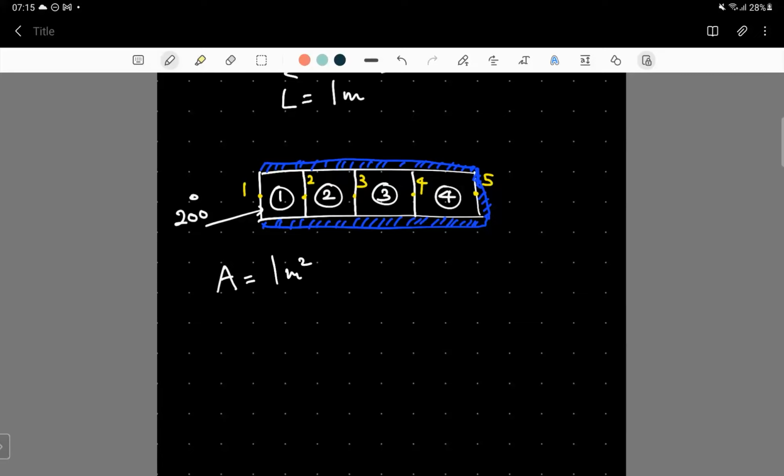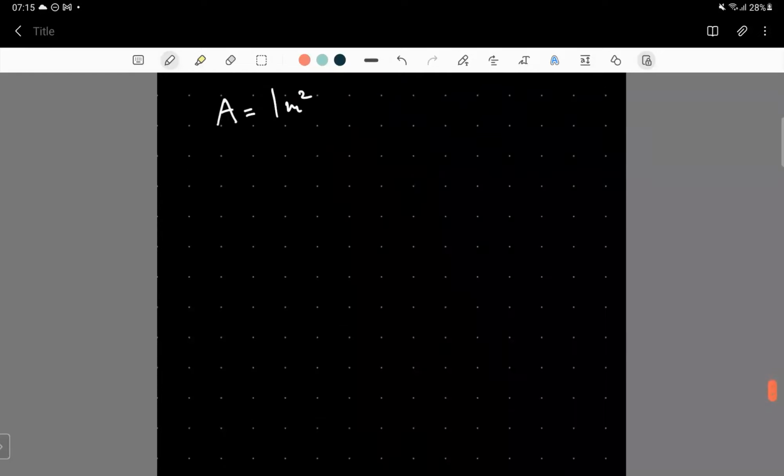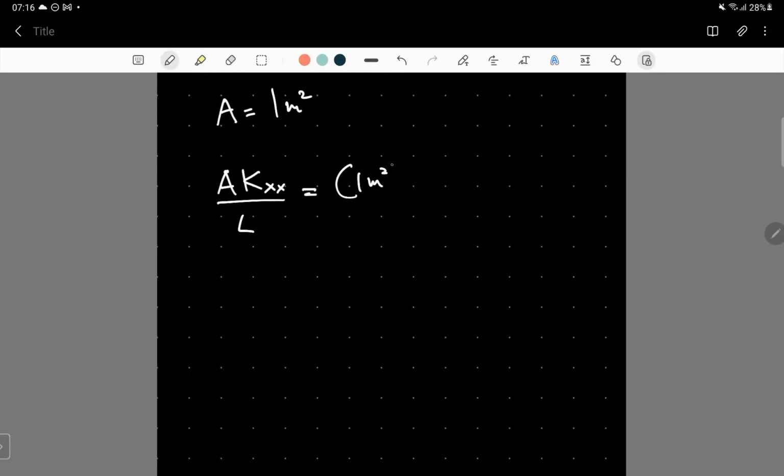First, let's try to calculate the element stiffness matrices. For that, let's calculate the common factors. Whenever we have conduction, we have these terms: the area and the thermal conductivity, divided by the length of the element. The area is 1 meter squared, which is the unit area we considered when solving the examples, multiplied by the thermal conductivity of the material, 25 watt per meter per Celsius degree, divided by the length of the element, which is 0.25 meters.